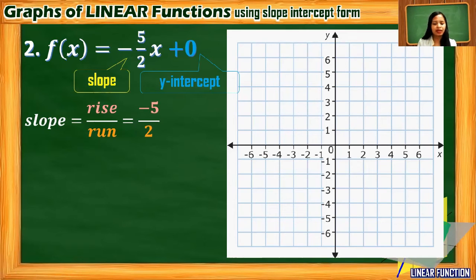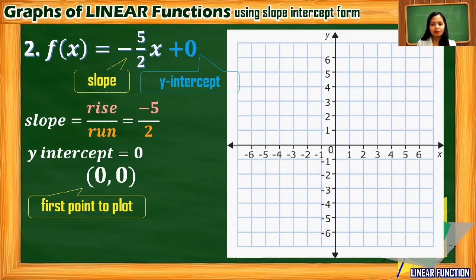Now, it's time to plot the first point using the y-intercept. Since the y-intercept is identified to be 0, the first point would exactly be at the origin, the point (0, 0). So now, let's plot the first point. Here, the point of origin. So to plot the second point, we will use the formula for the slope. Here.